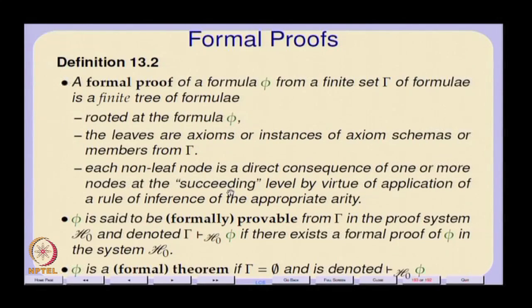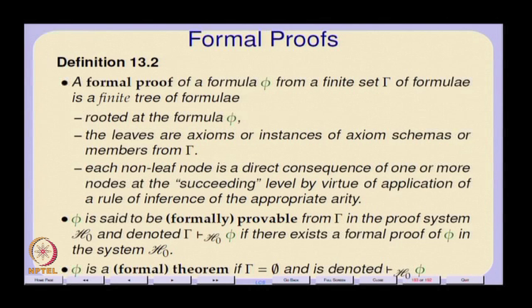The way we defined trees was that the leaf nodes have a level greater than the root node. In this case we are turning the tree upside down, but still retaining the same notion of dependence, and the directed edge essentially talks about the dependence of the conclusion from the hypothesis.